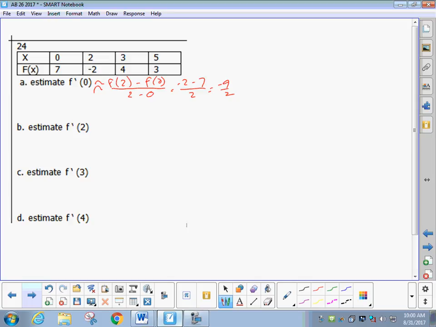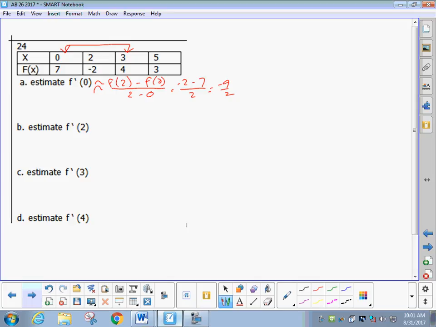Estimate f prime at 2. I would take one of two answers. One answer would be -1, I would find acceptable. The other answer would be 6. Those are the only two answers I would say. So, if you did -1, then it's because you said around 2, I could use the 2 points around it.